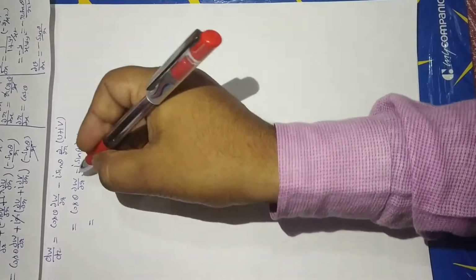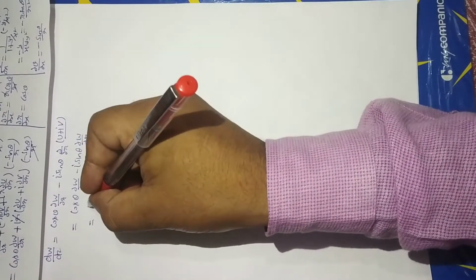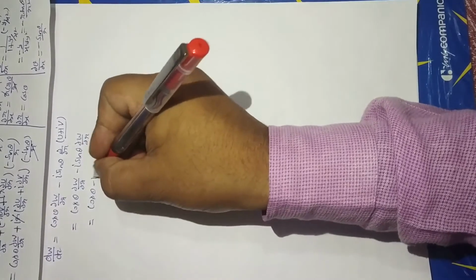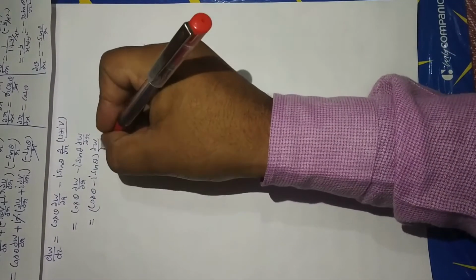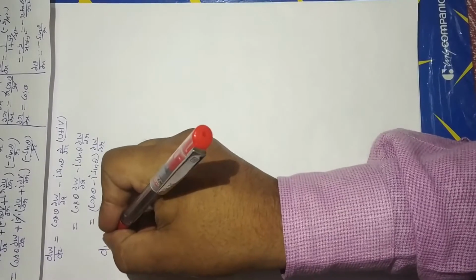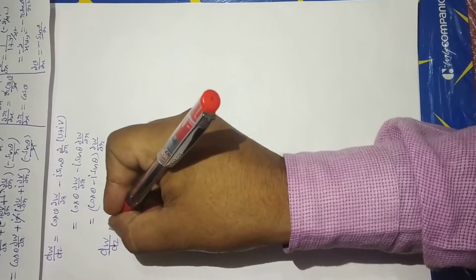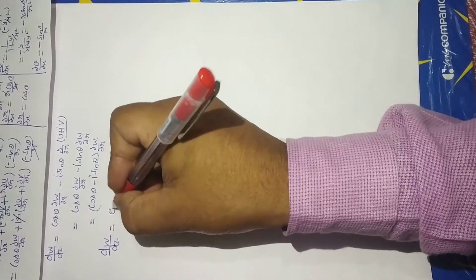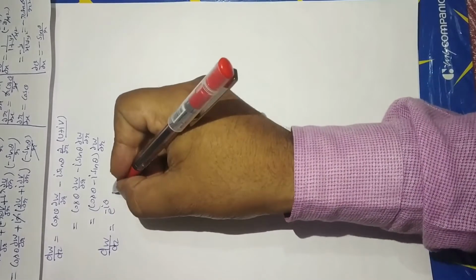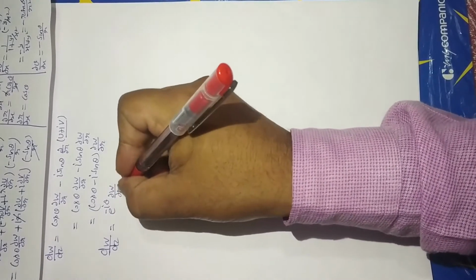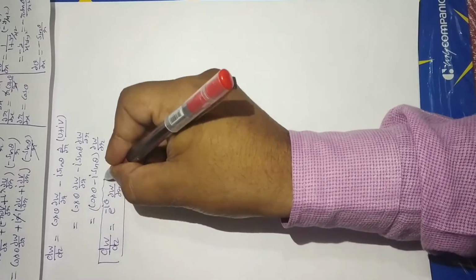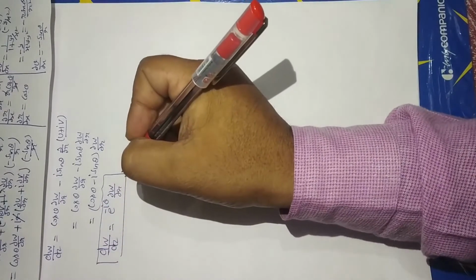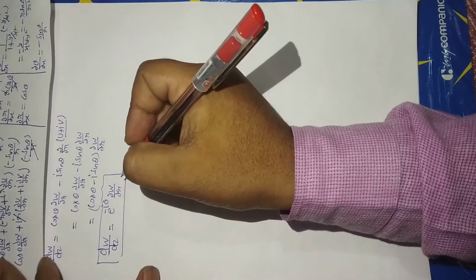Now we can take del W upon del r common, so cos theta minus i sin theta times del W upon del r. Now the derivative form of W is equal to f'(z) equals e to the power minus i theta del W upon del r. This is the derivative form of the analytic function W equal to f(z).